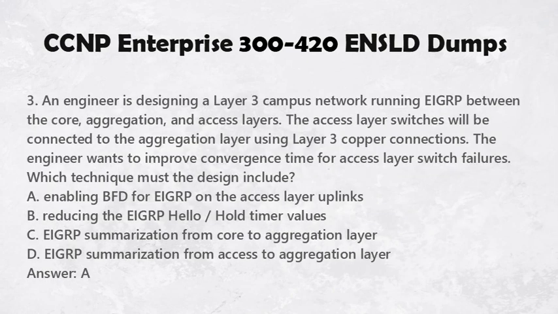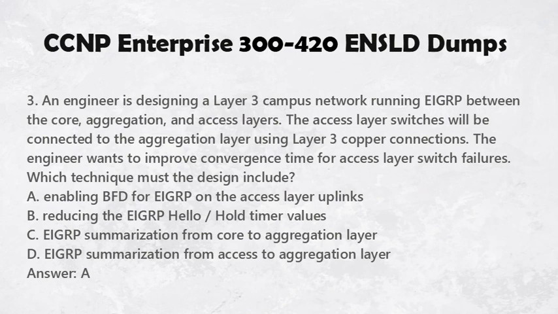3. An engineer is designing a Layer 3 campus network running EIGRP between the core, aggregation, and access layers. The access layer switches will be connected to the aggregation layer using Layer 3 copper connections. The engineer wants to improve convergence time for access layer switch failures. Which technique must the design include?